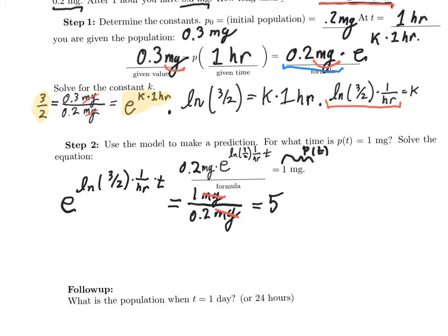Nice. So now, what do I see? I see an exponential function, something exponential looking, is equal to a number. Well, that's exactly the type of thing that you should rewrite in logarithmic form, like so. So I'll end up with ln of 3 over 2 times 1 per hour times t, the thing I would like to know, is equal to the log base e, the natural log, of 5.